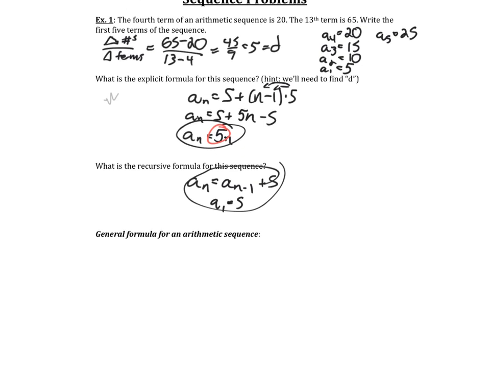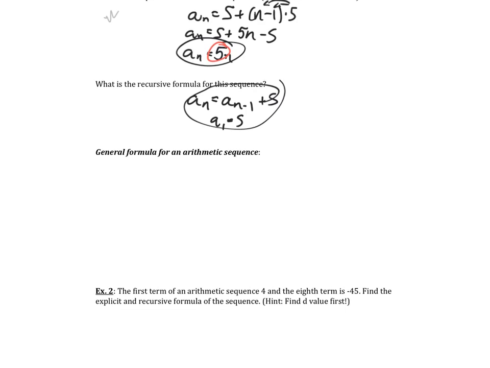So a general formula for an arithmetic sequence, general formula for explicit, is a sub n equals a sub k. What does a sub k represent?